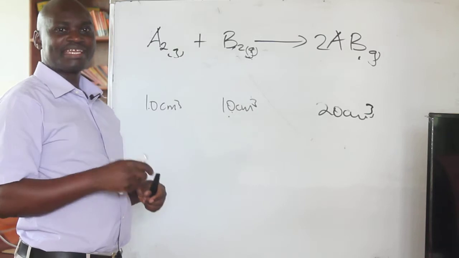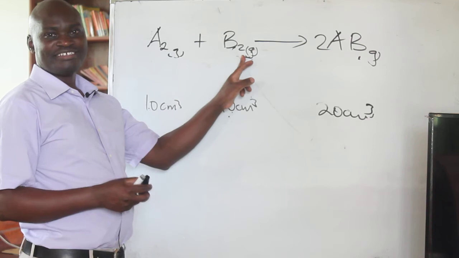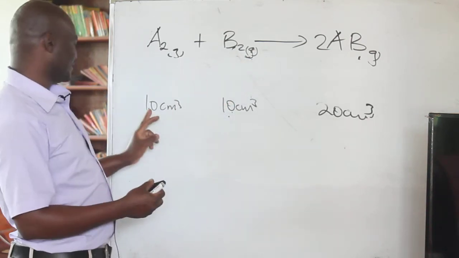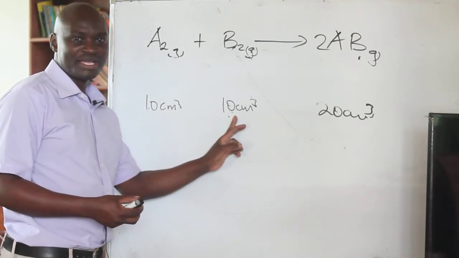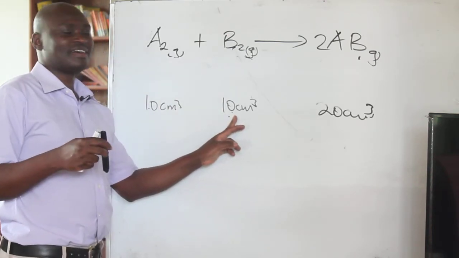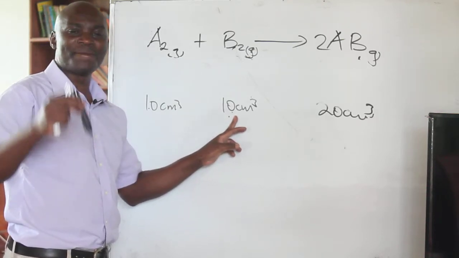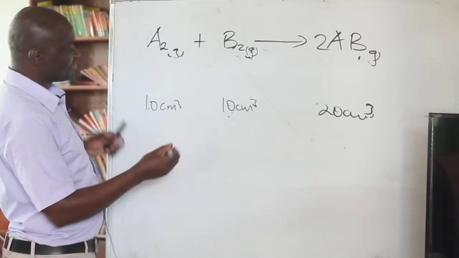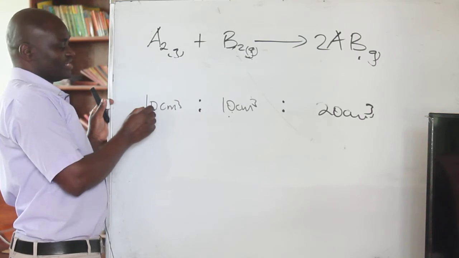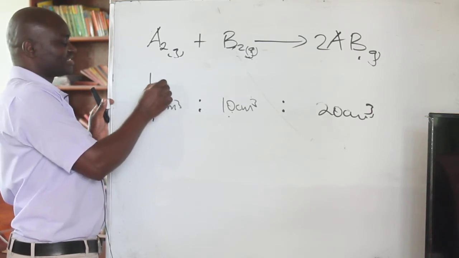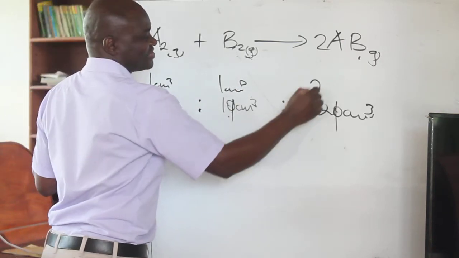When gas A and gas B combine, they do so in volumes. 10 centimeters cubic combining with 10 centimeters cubic, and these volumes can be simplified into whole number ratios. If you simplify, you have 1, 1 and 2.